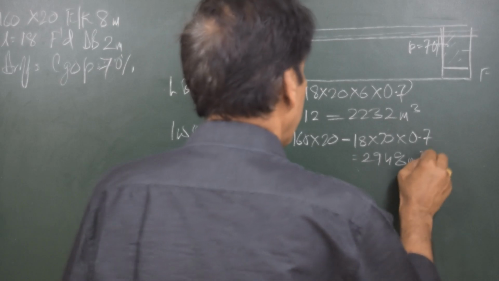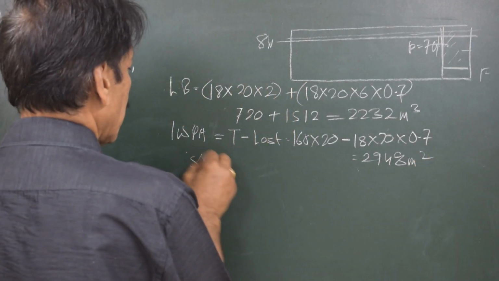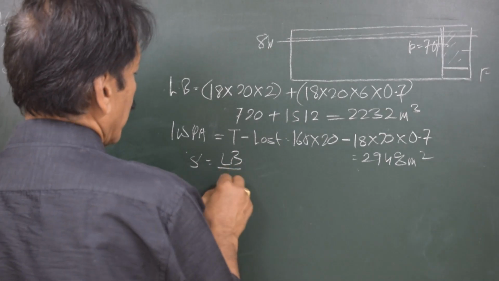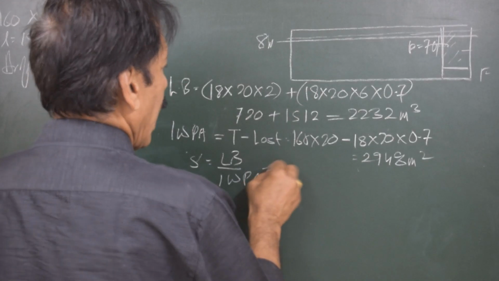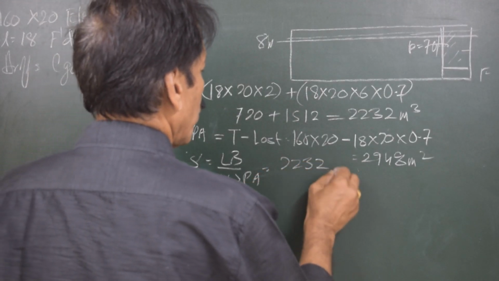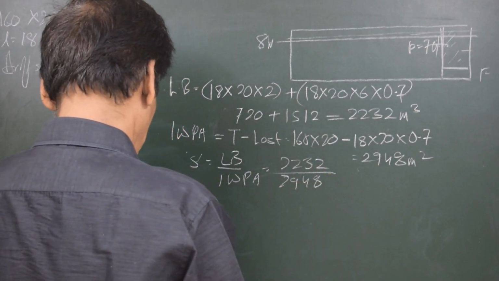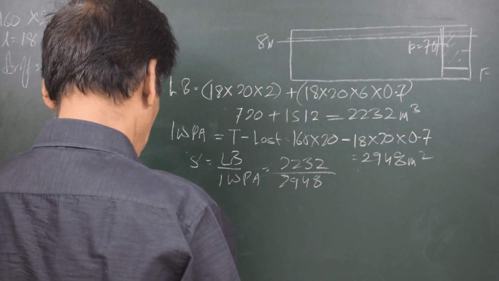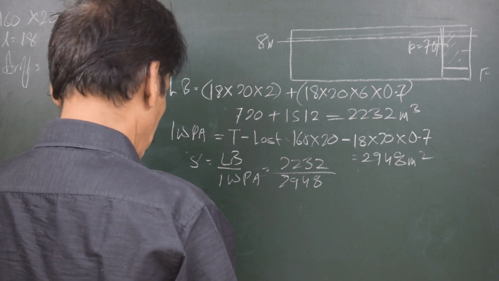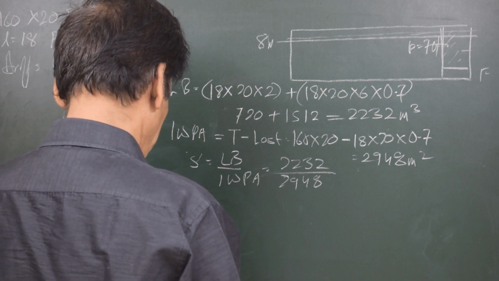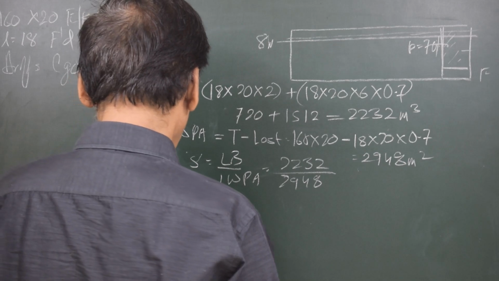2948 meter square. So the sinkage is equal to lost buoyancy upon intact water plane area, and that is 2232 divided by 2948, which gives me 0.757.